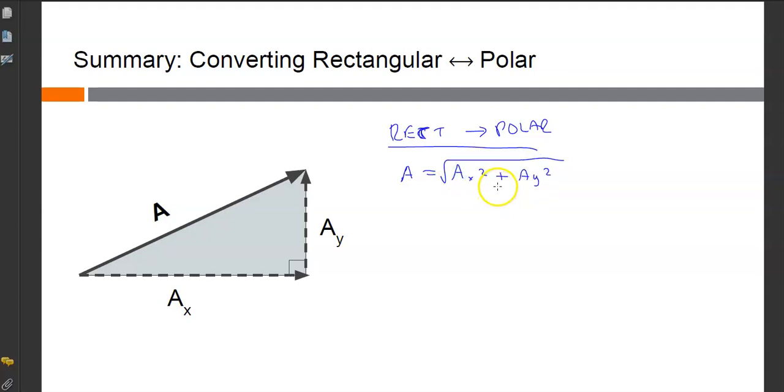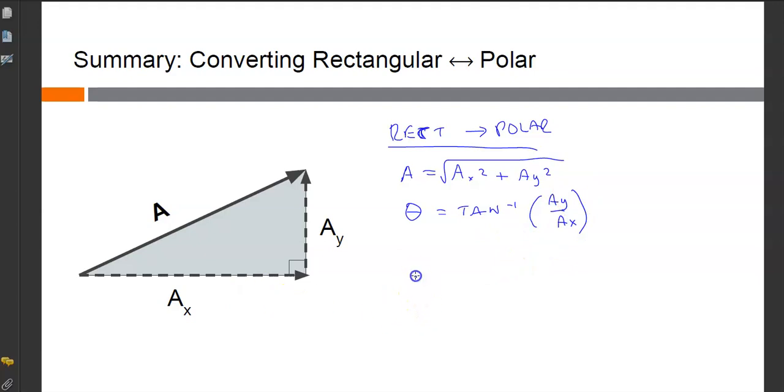You could put that on your card and say anytime I need to go from a sub x and a sub y and get a and theta, I know I got to do the Pythagorean theorem, and then I got to do the arctangent. And since arctangent is opposite over adjacent, I've got to make sure to get the a sub y over the a sub x.